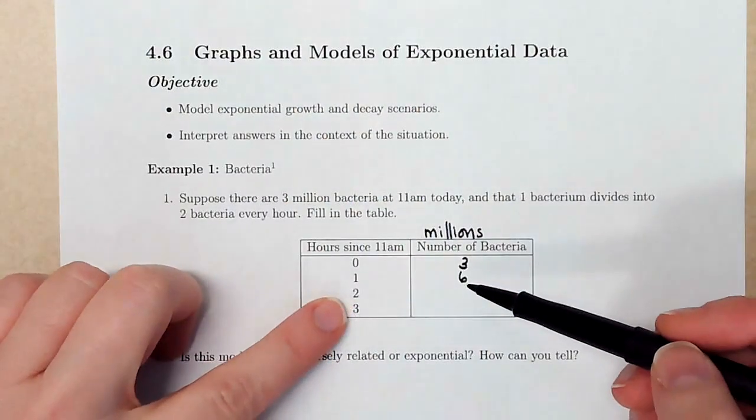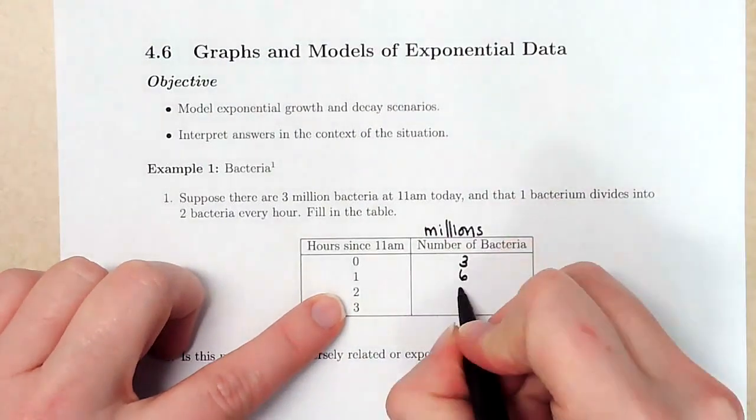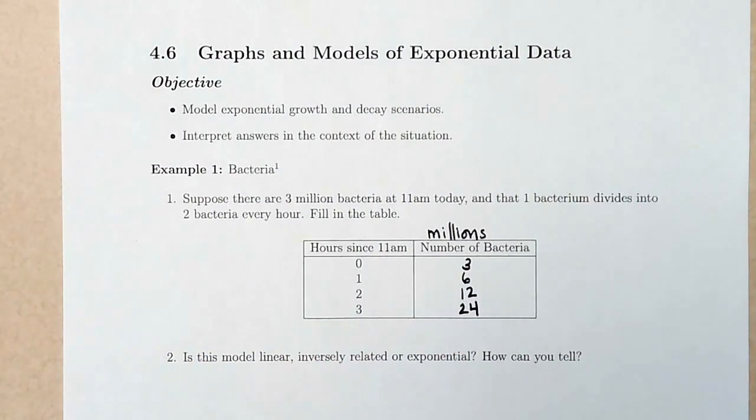And we have twice as many again because everyone becomes 2 again. So there's 12 million and then there's 24 million. That's a lot. Fill in the table. Done.